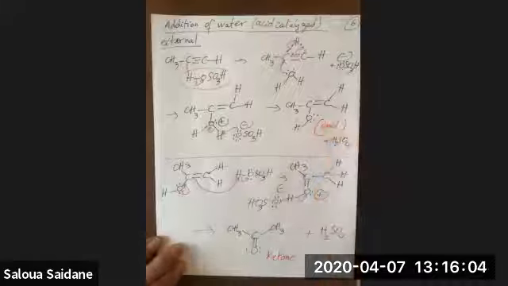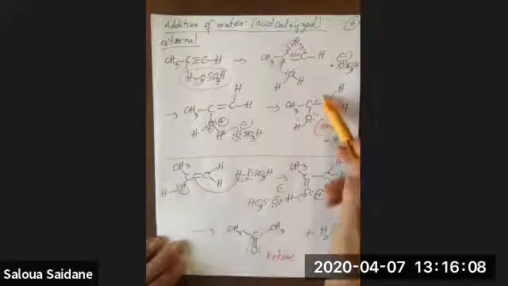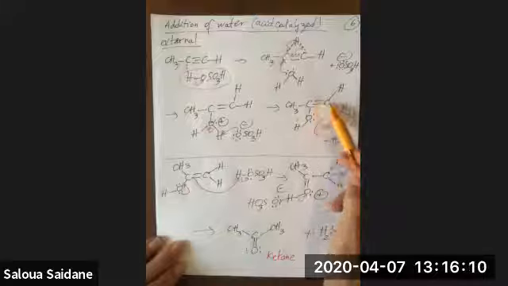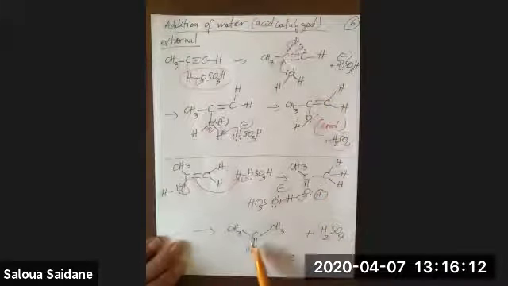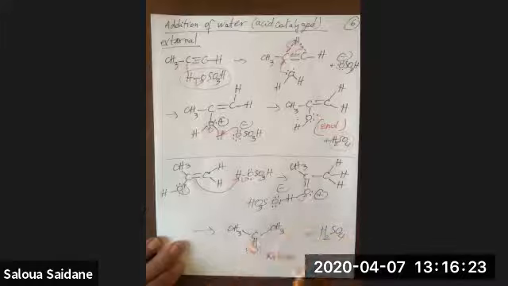So what is the difference? Why do we have to keep going? You see here, we have a double bond between two carbon atoms. And here we have a double bond between a carbon and an oxygen. We know that oxygen is more electronegative, which means that it's going to pull the electron. So this is more stable.